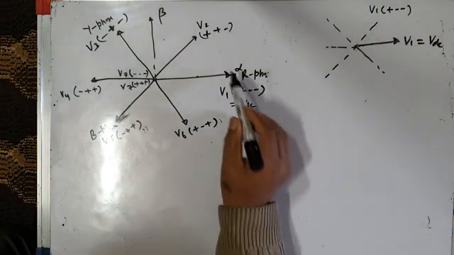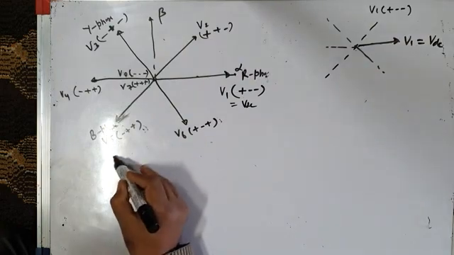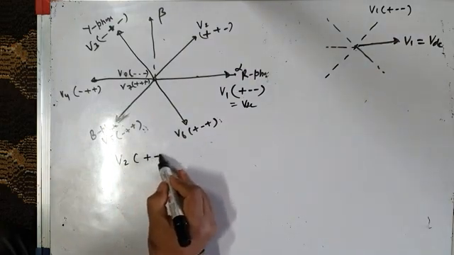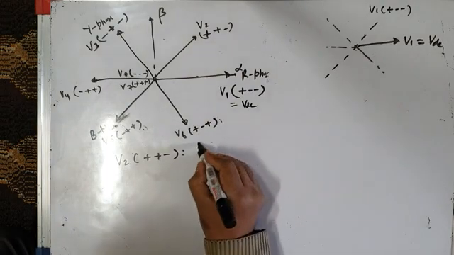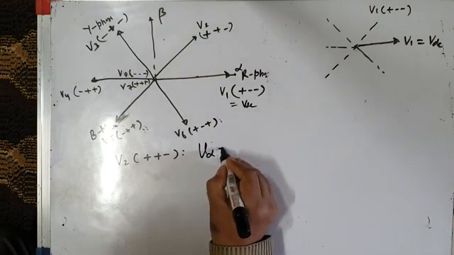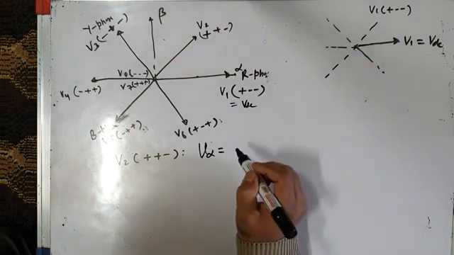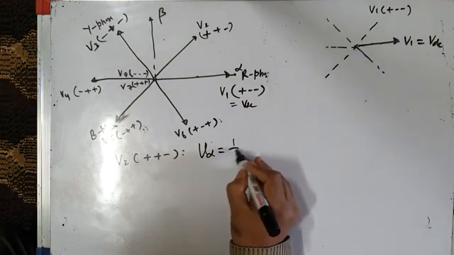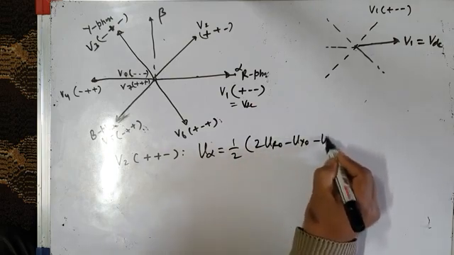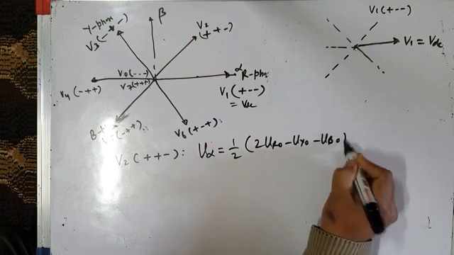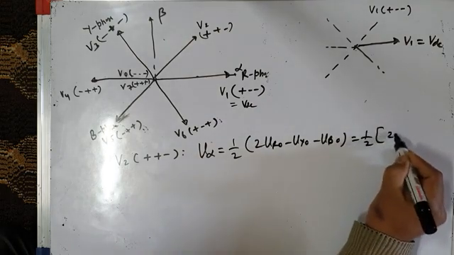Fine. Let us take second switching state V2, which is plus plus minus. Yes, now we take this switching state. So this switching state will also produce three-phase voltages. Okay. Let us transform those three-phase voltages into two-phase voltages. Let us find its alpha and beta component. V alpha is equal to 1 by 2 times 2 VRO minus VYO minus VBO. That is 1 by 2 times 2 into VRO.